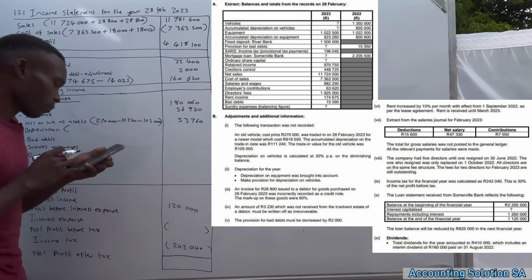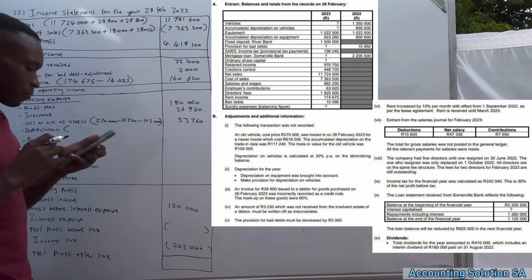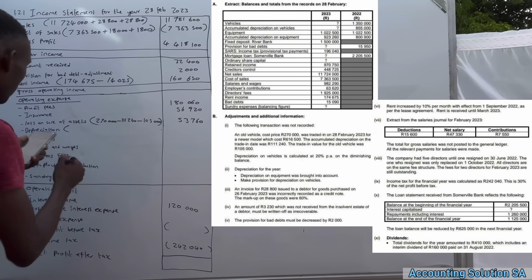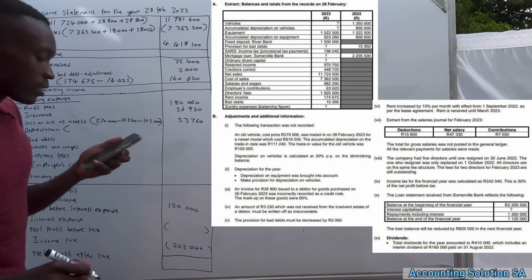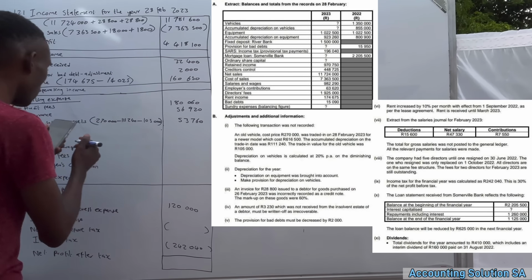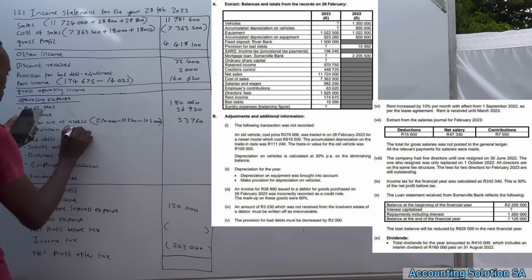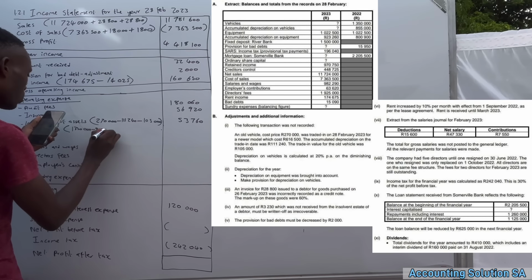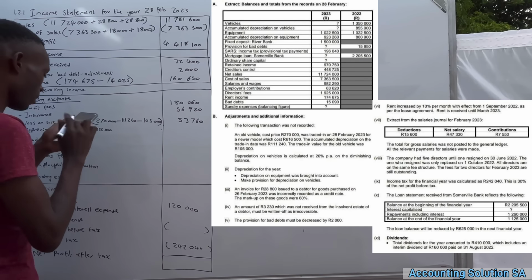Number one, we need to calculate depreciation of vehicle first. The one that has been traded in, no need to calculate depreciation because it was purchased on the last day of the financial period, which means that it didn't stay even a single month. Okay, we're going to calculate the old one. A vehicle cost under our balances is 1,350,000 and we less 855 because they say we have to use the diminishing balance method at 20%.